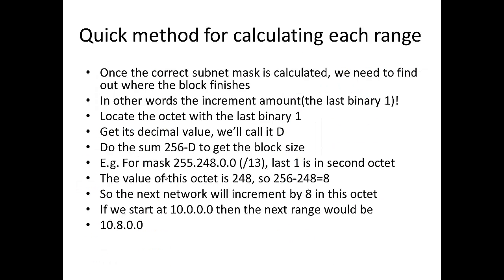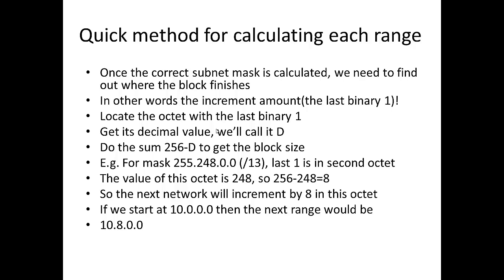There's also a quick method we can use for doing this, where we don't really need to do any binary conversion as such. Basically, get the subnet mask, find where the block finishes, and locate the octet with the last binary 1. Once you know where that octet is in the mask, get its decimal value.